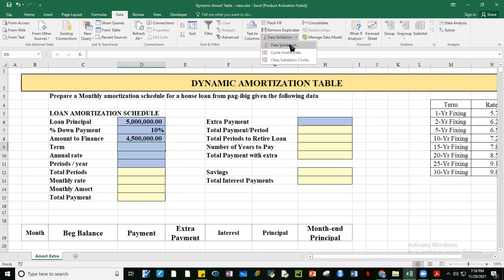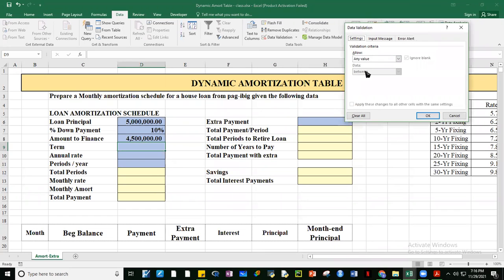Okay, Data Validation. So here, guys, we have Allow, and you have options. Allow Any value, which means no restriction. If you want only whole number or decimal or date or time or a particular text length or a custom, you can do that. But in our case, we'll do data validation for a list.